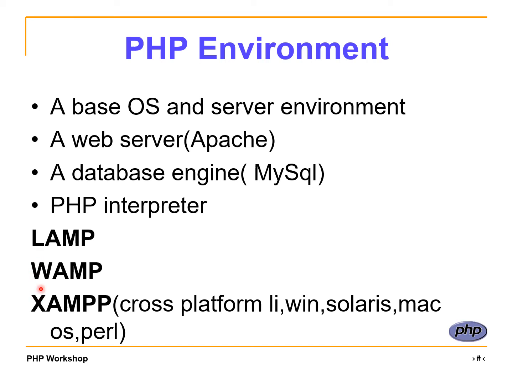WAMP is applicable for the Windows platform. SAMP is used for cross-platform, like Linux, Windows, Solaris, and Mac OS. The last P in SAMP stands for Perl, so using SAMP we can also execute Perl scripting code.